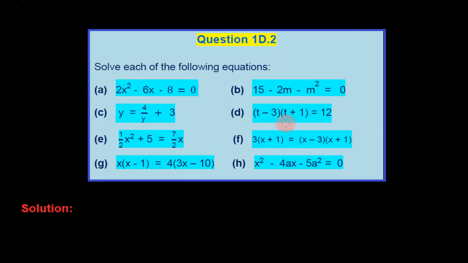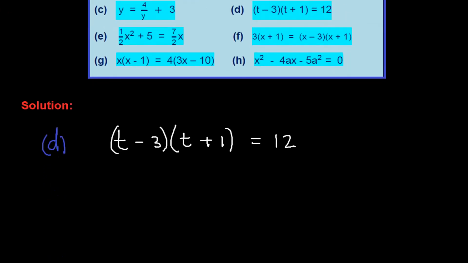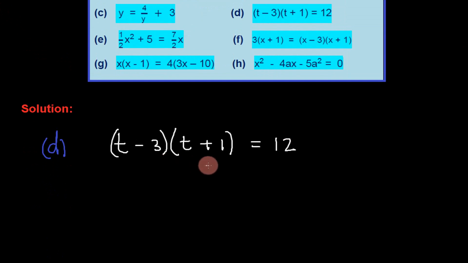So going on to D, we're first going to multiply out the brackets. So t times t is t squared, minus 3 times plus 1 is minus 3. Then negative 3t plus t is negative 2t.